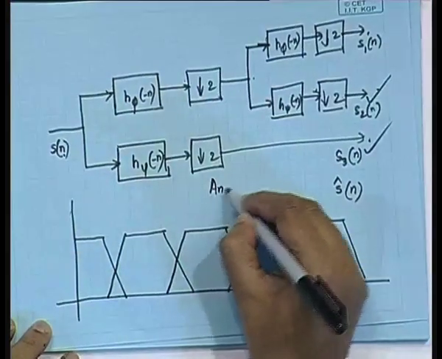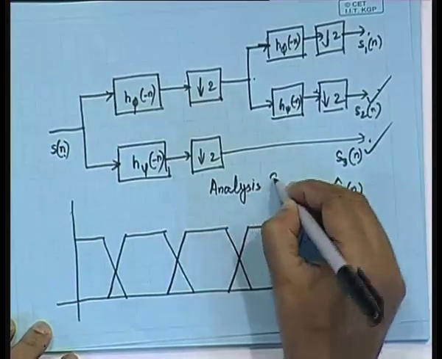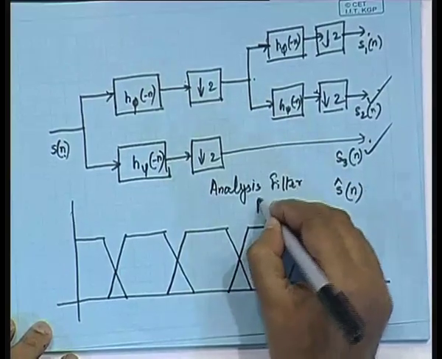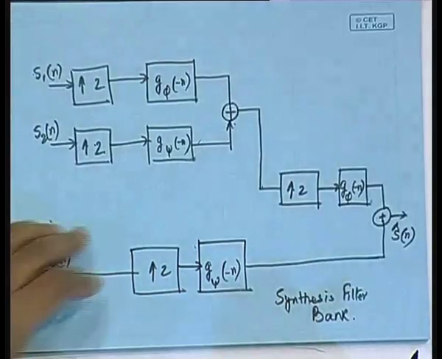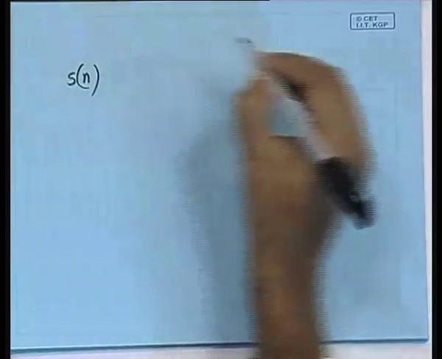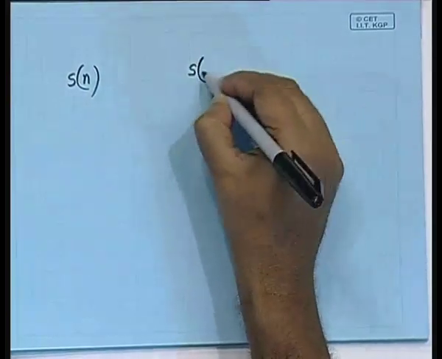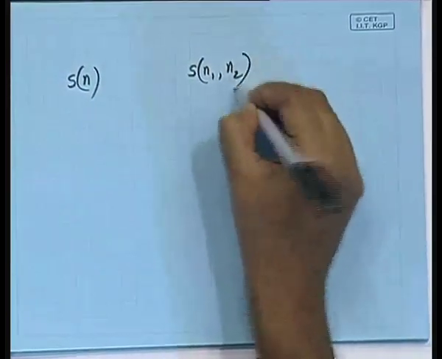And this is the analysis filter bank. Now, in the case of images, what we have to do is apply the wavelet transforms in both the directions, because then our signal will not be represented as S of n, but rather as S of n1 comma n2.